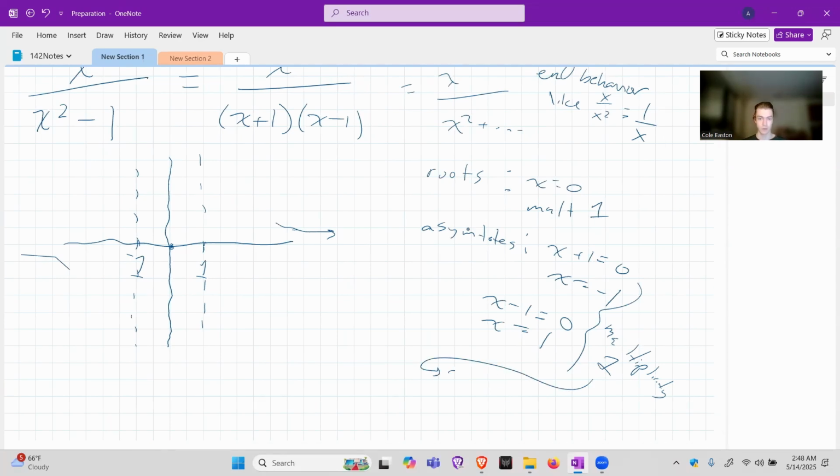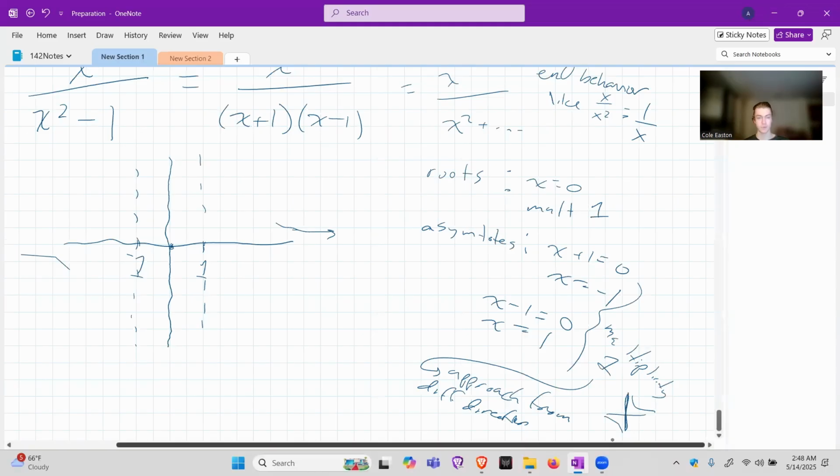Right, so this means approach from different directions, right? That's because we think about 1 over x looks like this, and we have this asymptote on the y-axis here, but we approach it from different directions. Okay, so I always like to start with my end behavior, and then I just draw to the next feature. So here we have this asymptote.